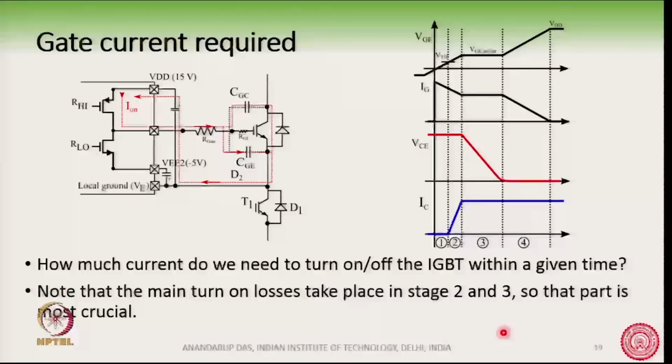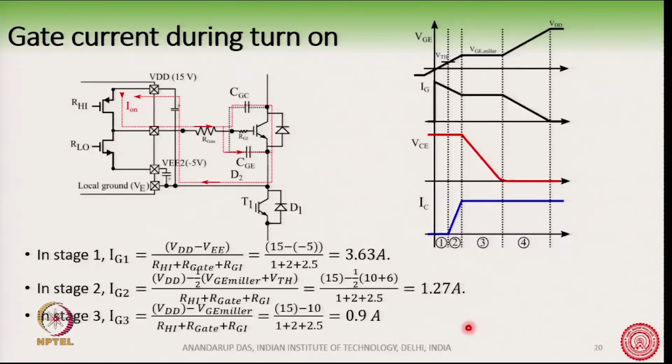Now, we can roughly get some values, based on what we discussed, of the gate currents which flow at different stages. Let us take stage 1 first.